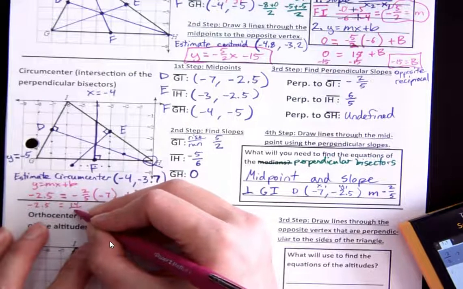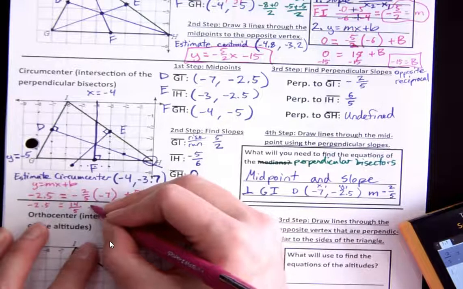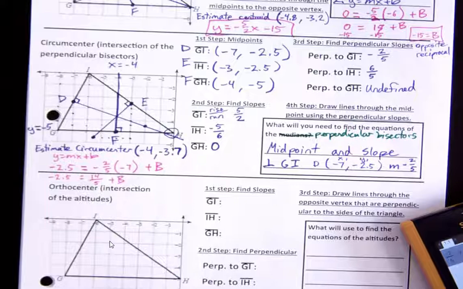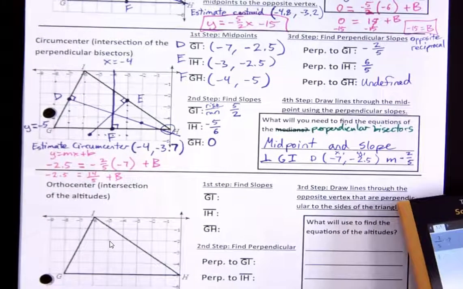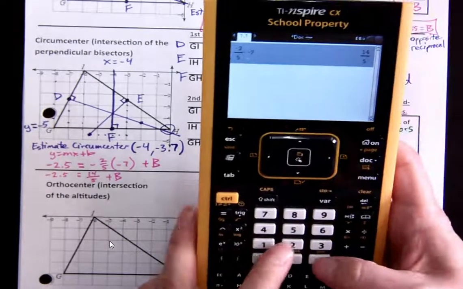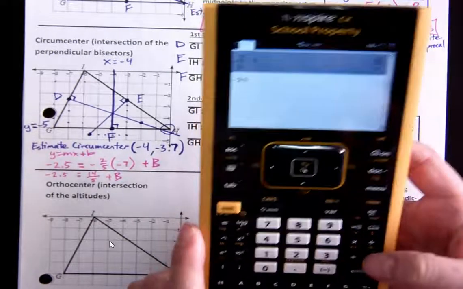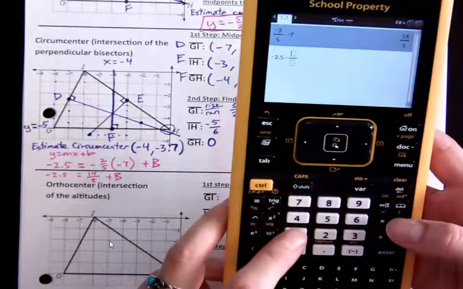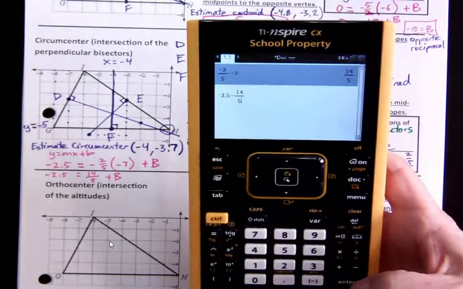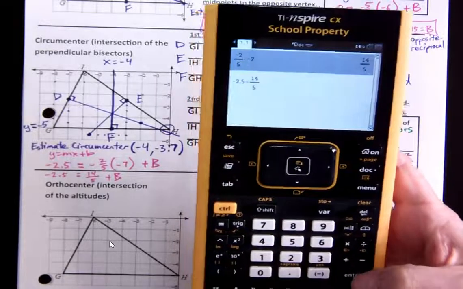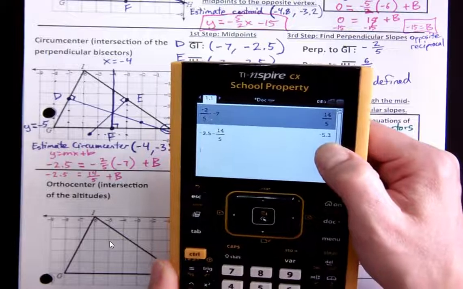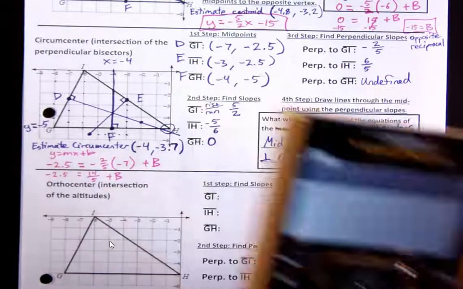What do you think is the easiest thing to do now? Try? Try's not easy. That's what we have a big calculator for. In the calculator, can I put in my -2.5 and then subtract the 14/5? Yes. So that's why you have these calculators. I could put 14/5 into a decimal first, or I can just do it this way and type in the calculator. It tells me -5.3.